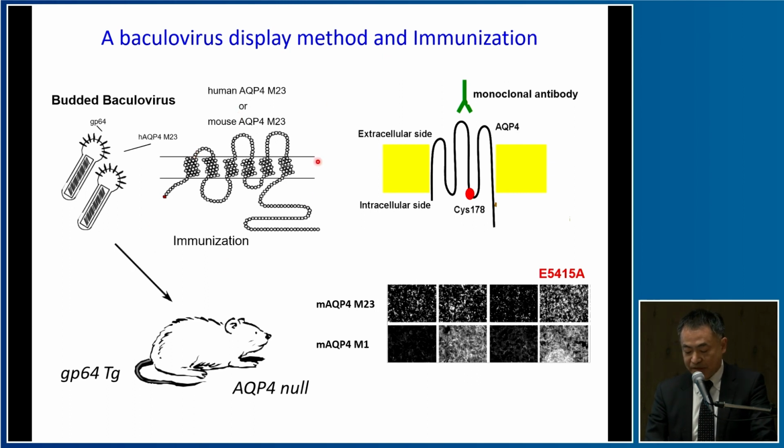Using this method, we can efficiently raise monoclonal antibodies against the extracellular domain of membrane proteins. We used human or mouse aquaporin 4, either the longer M1 isoform or the shorter M23 isoform, and successfully made many kinds of monoclonal antibody. For example, one of them, E5415A, recognizes both M23 and M1 isoforms.